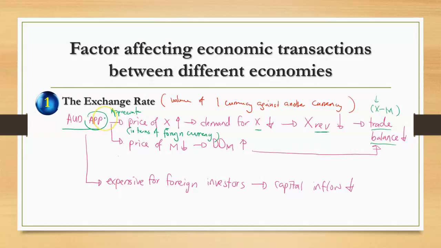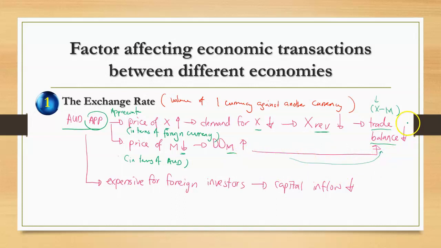Next, if our currency were to appreciate, then of course the price of imports would be lower in terms of our currency, in this case in terms of AUD. So if we can afford it, we will be buying more imports. Again, if we buy more imports, it contributes to a lower trade balance.